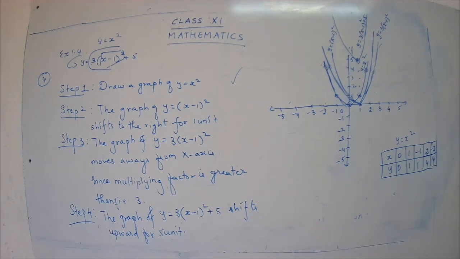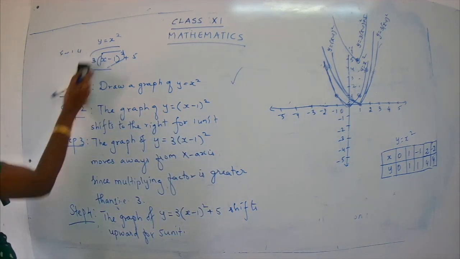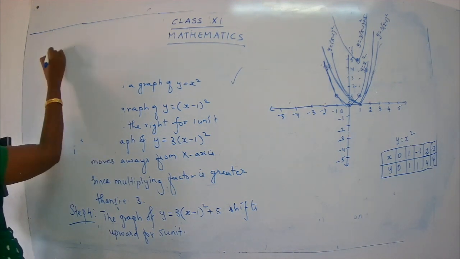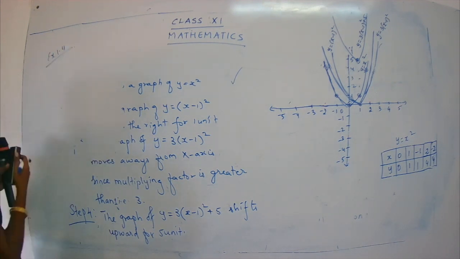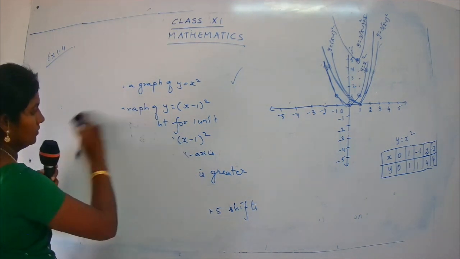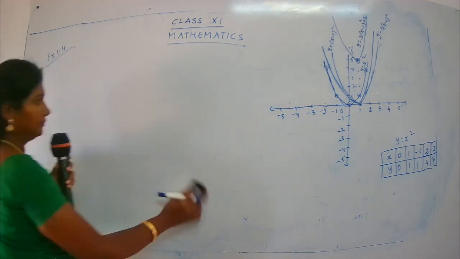Let's see how to start the graph. I hope you have taken down the question. Shall we move to the graph part, children? So first of all, we are going to do the graph for y is equal to sin x. Okay, let's start with the work over here.